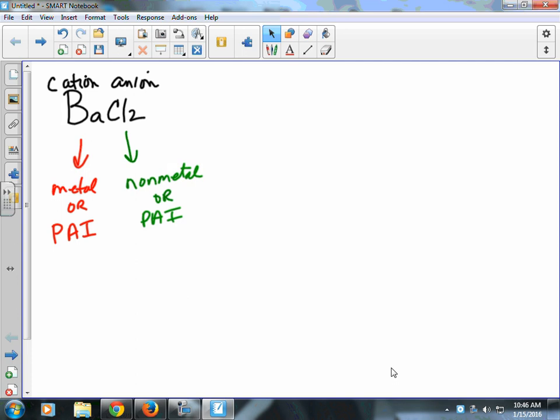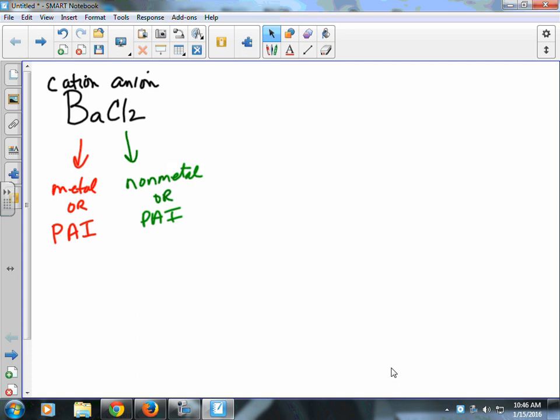When you're writing the name of an ionic compound, it does not matter how many atoms are there.